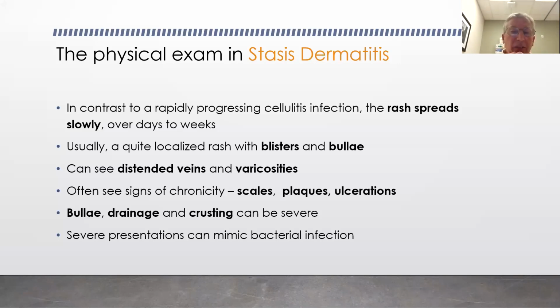You can see distended veins and varicosities. You can see signs of chronicity: scales, plaques, ulcerations, and crusting. None of these findings should apply to strep cellulitis. So if you see any of these things, particularly with a rash that slowly spreads, taking weeks instead of hours to days, think of stasis.